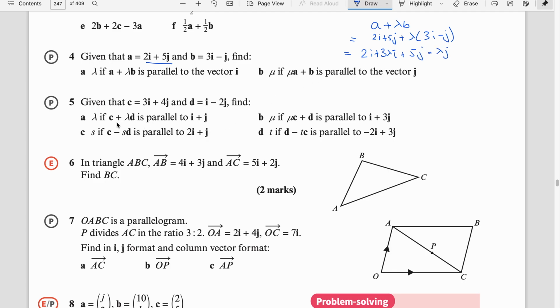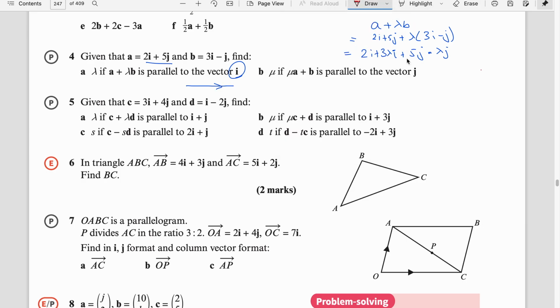Now it says that it is parallel to... oh sorry, that's question 5. It is parallel to vector i. If it is parallel to vector i, that actually means it is horizontal. Being horizontal, that would mean the j part is 0.